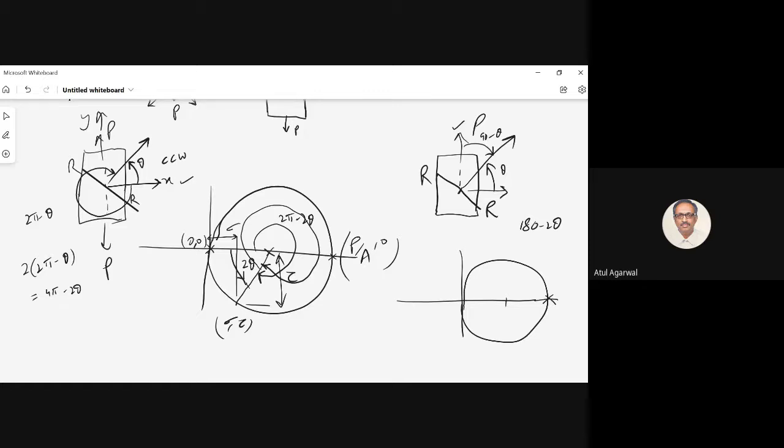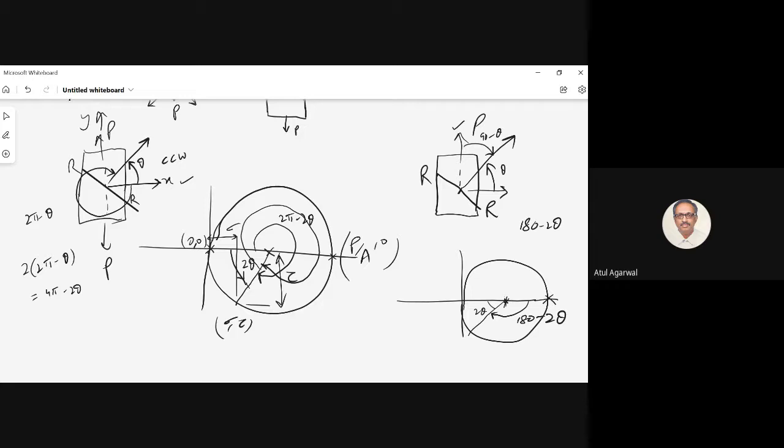So if this angle is 2 theta, then this is 180 minus 2 theta. Is it all right? And I have to turn clockwise because this was the normal vector, and your normal vector turned clockwise 90 minus theta. So I have to turn clockwise only. And all the turning rotation is from the center of the circle.